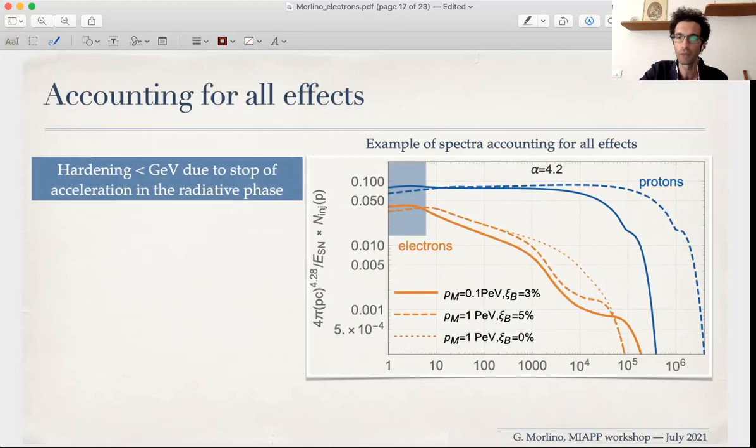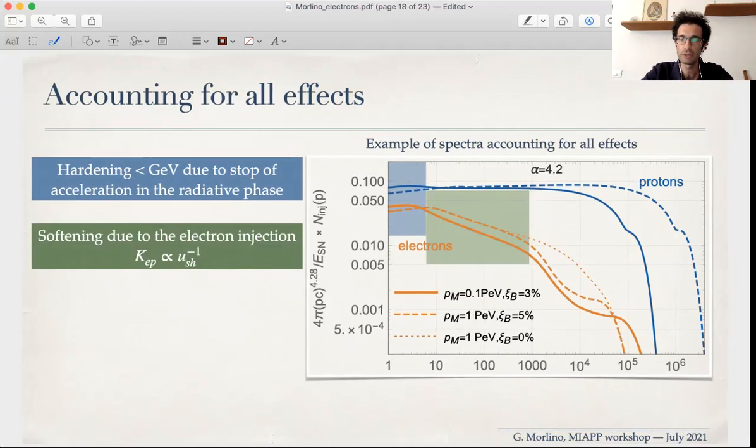And there are a few things to comment. So below something of the order of 1 GeV, there is a hardening, essentially due to the fact that at this energy the acceleration is stopped. So below this energy, essentially the spectrum that we see reflects the spectrum that is accelerated at the shock. It is not time integrated.